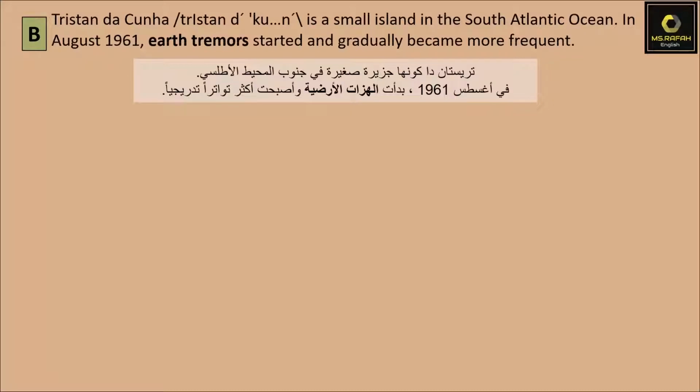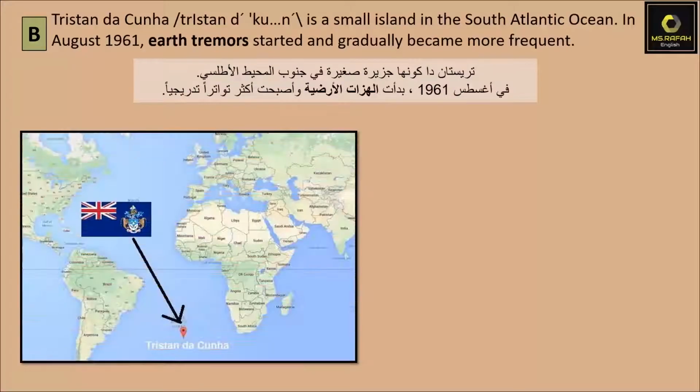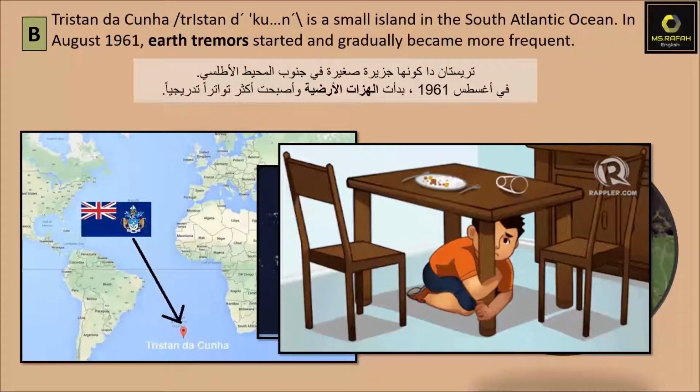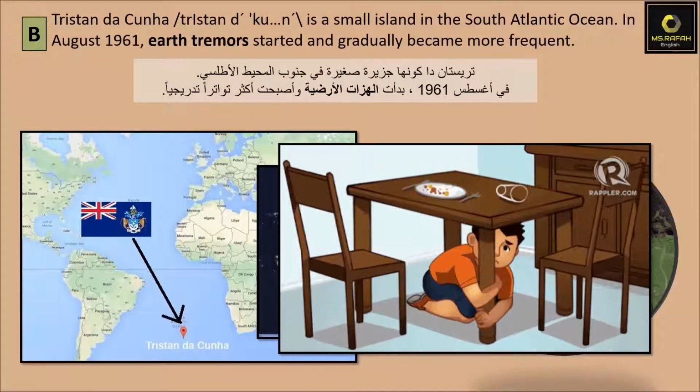Let's read. Tristan da Cunha is a small island in the South Atlantic Ocean. In August 1961, earth tremors started and gradually became more frequent.